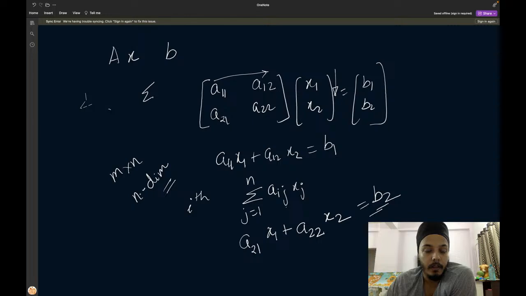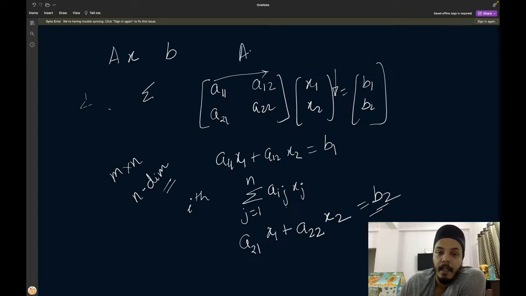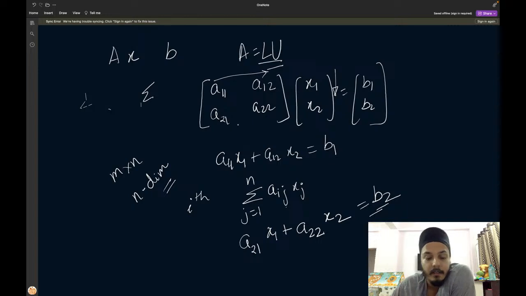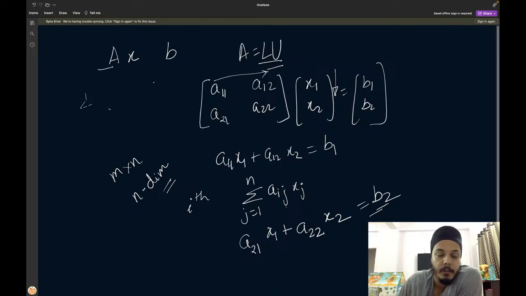Now in our upcoming lectures we will see matrix multiplication and how we decompose our matrix A in the form of LU. So in this lecture we saw the matrix notation, and how to write our equations in the form of our matrix A, our column vector x of variables, and then on the right hand side b.